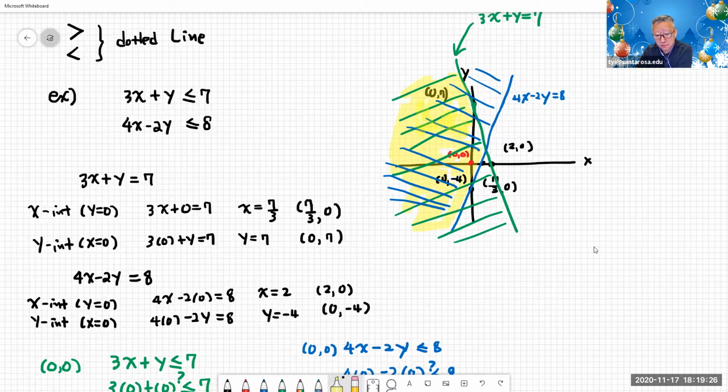I'm just going to show you a little bit over here. You cannot include this area here. You cannot include over there, but all the other areas are going to be fine. So that should be our solution region.